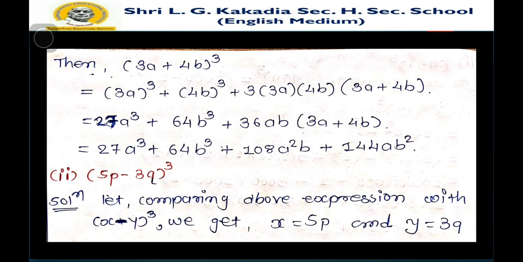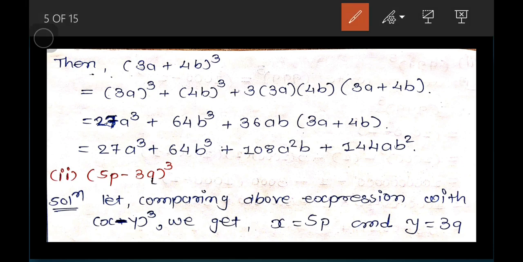So (3a + 4b) cube is equal to, as we know, x cube + y cube + 3xy(x + y). So (3a) cube + (4b) cube + 3 into 3a into 4b into the bracket (3a + 4b).